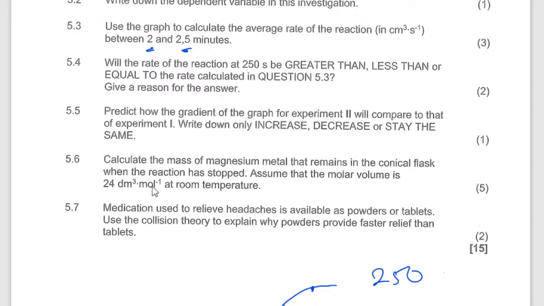So you have the volume and then you have the molar volume. Therefore now you can find the number of moles, since you have the volume and the molar volume. So how are you going to get the volume?